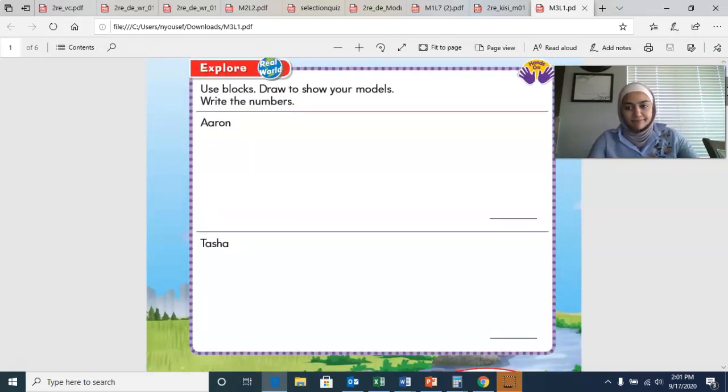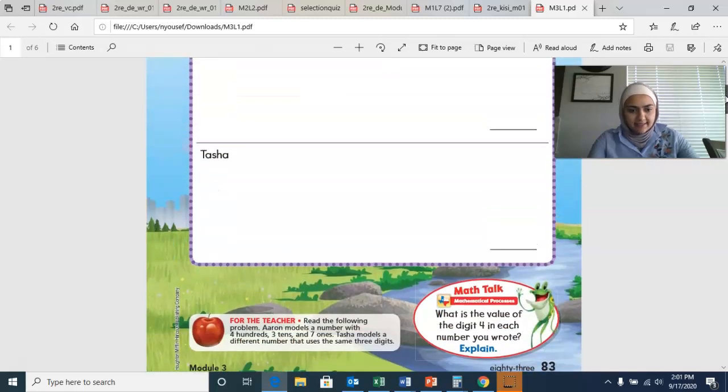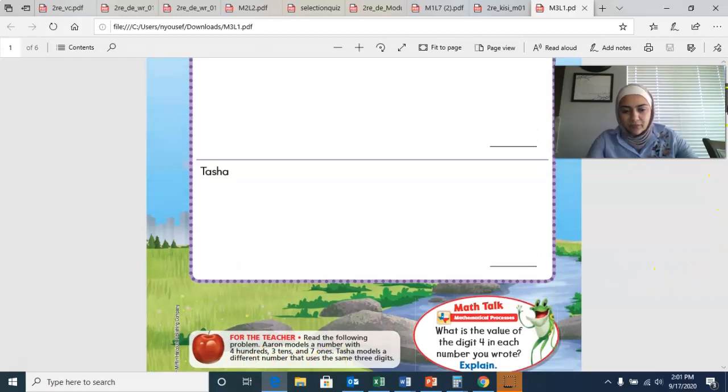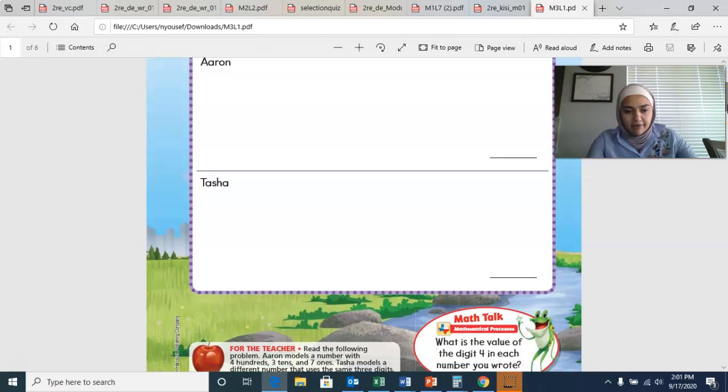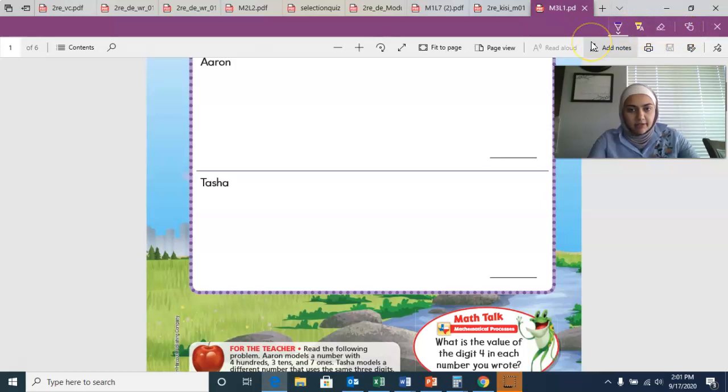So let's read the problem. It says, Aaron models a number with 4 hundreds, 3 tens, 7 ones. Tasha models a different number that uses the same 3 digits. So Aaron models a number with 4 hundreds. So let's get the pen out. Let's draw that.